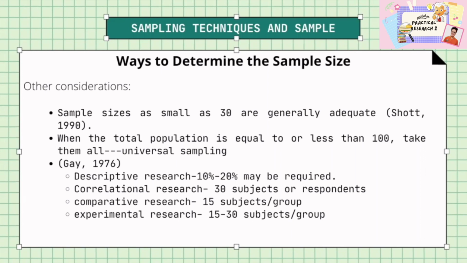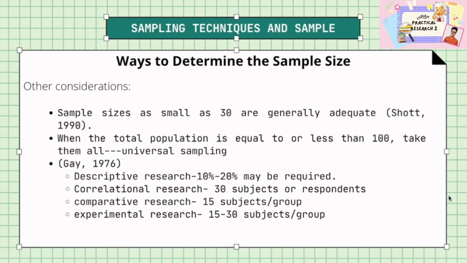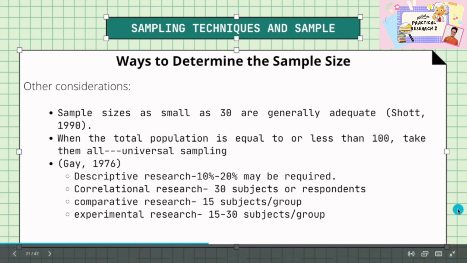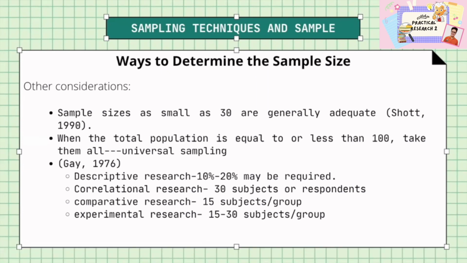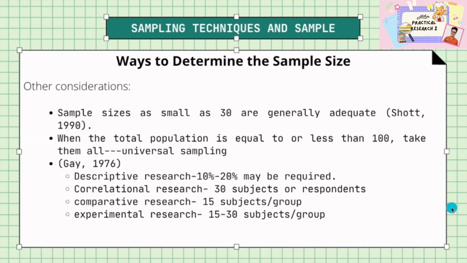That is the mantra in quantitative research. That is why quantitative researchers would have a larger sample size compared to qualitative research. Of course, you cannot have a large sample size in qualitative research unless you want to kill yourself.